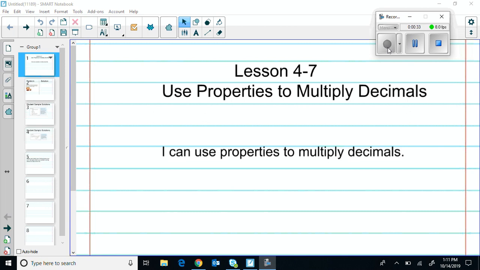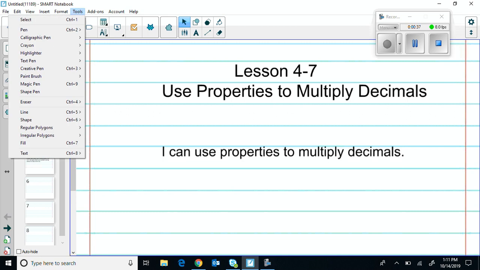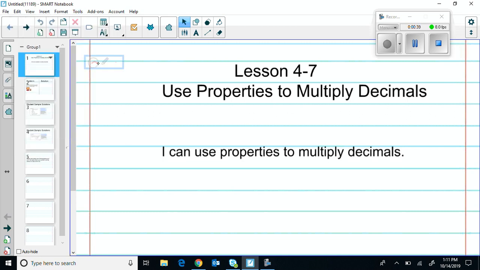Now, just before we move on, when it says properties, and when we think of properties and multiplication, there's two that we've kind of spoken about so far. There is the associative property and also the commutative property.